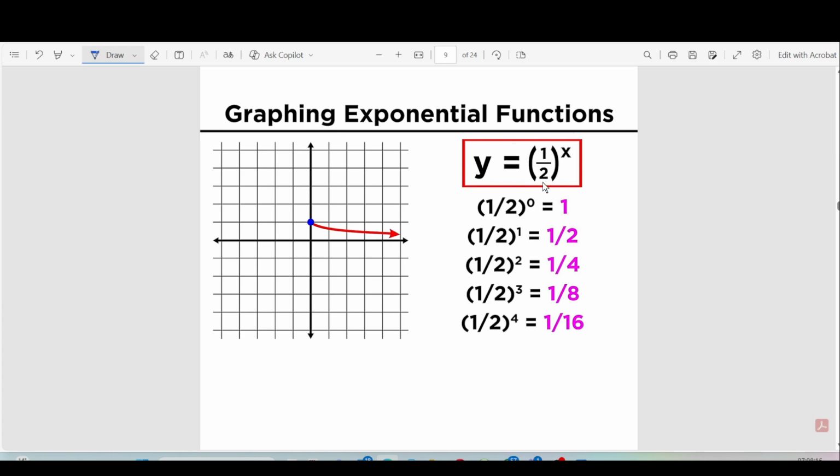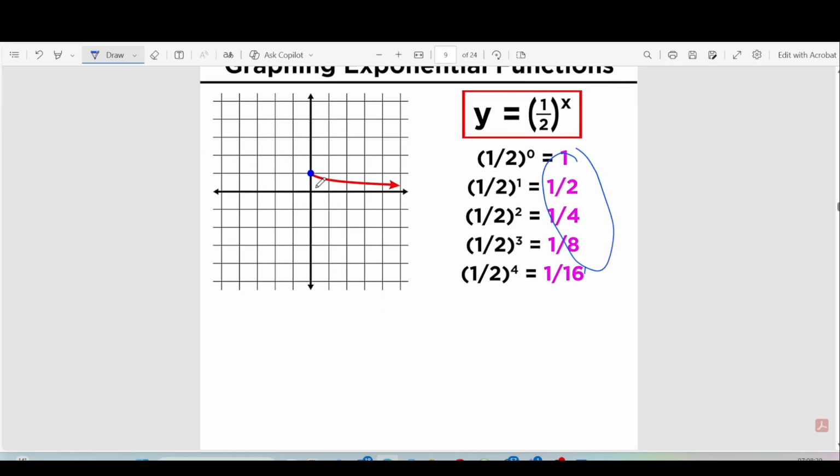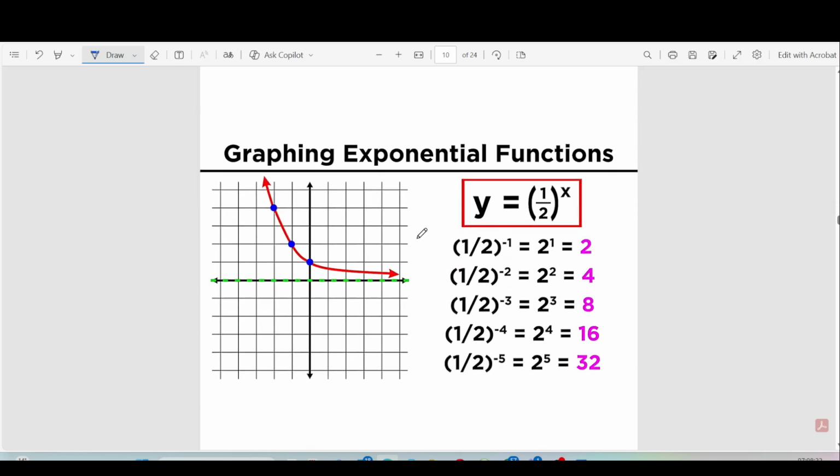So like here, y equals 1 half. If we put 0, when x is 0, y is 1. When x is 1, y is 1 half, then 1 fourth. So it is going close to y equals 0, right? These values are less than 1. But if you put negative values, you still get a positive answer, right? 2, 4, 8, 16, 32.